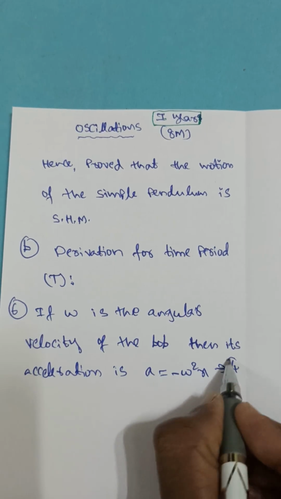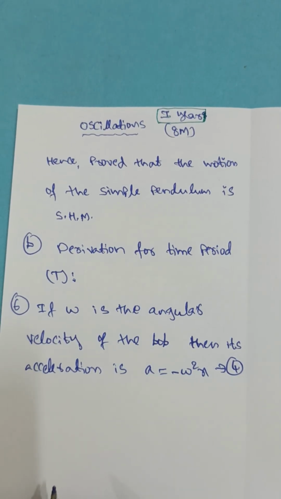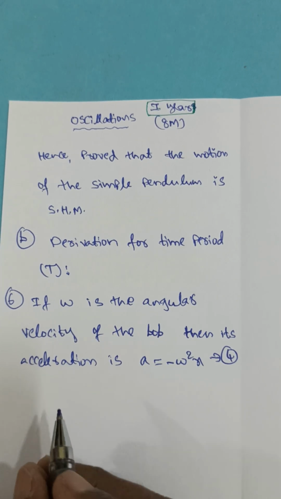Take it as fourth equation. We got already a is equal to minus g by L into x.